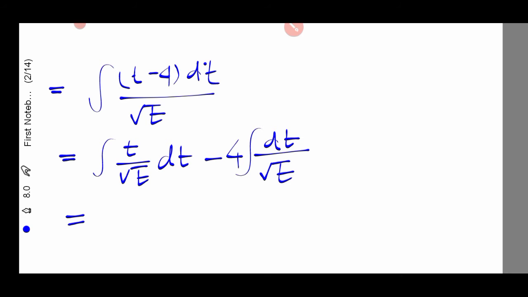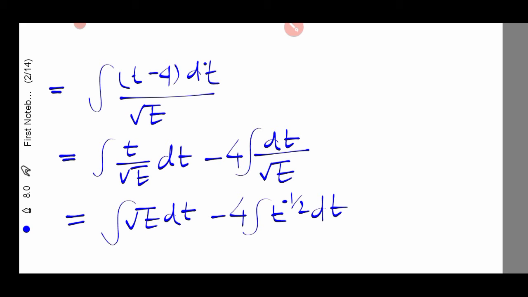Now from here on further simplification, we have integration root t into dt minus 4 into integration t to the power minus half into dt.